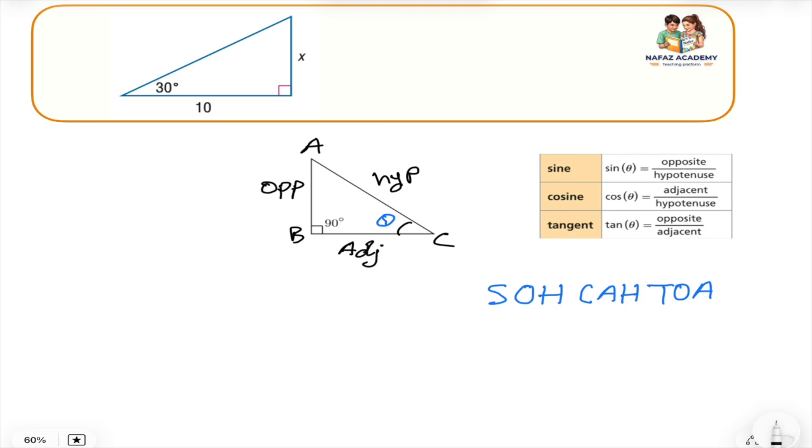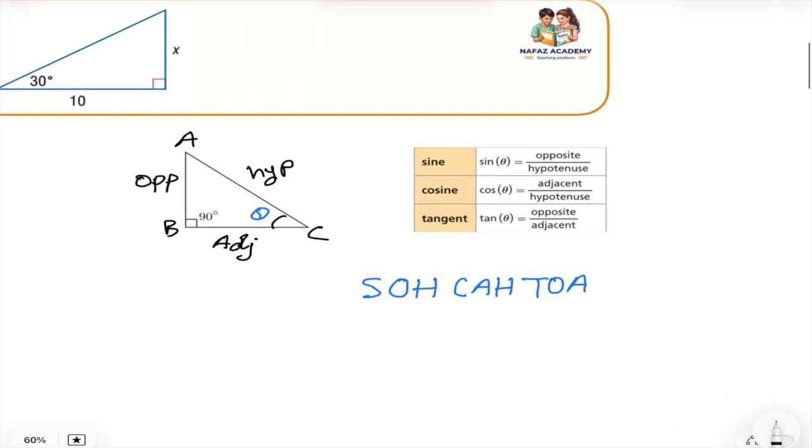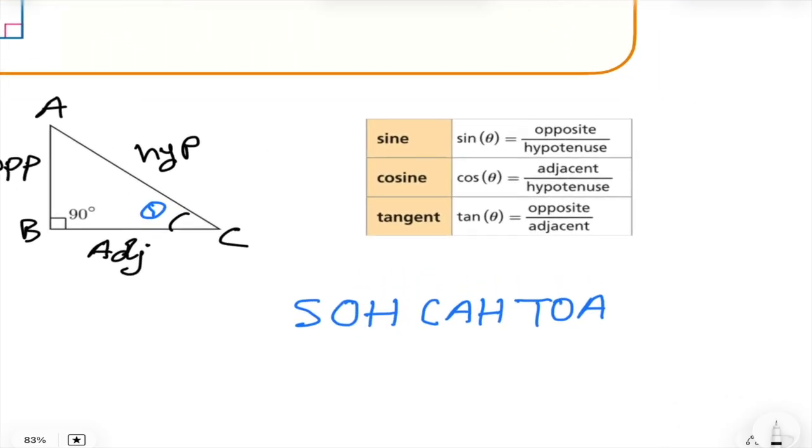Okay. And what will we do? Here are three kinds of rules: sine, cosine, tangent. If you have opposite and hypotenuse, then you could use this rule: sine theta equals opposite over hypotenuse.